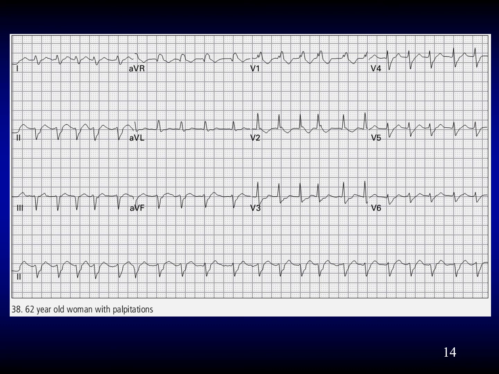We have left shifting. And based on the position of the electric axis of the heart, we can make a conclusion about additional blockage of the anterior part of the left bundle branch in addition to right bundle branch blockage.